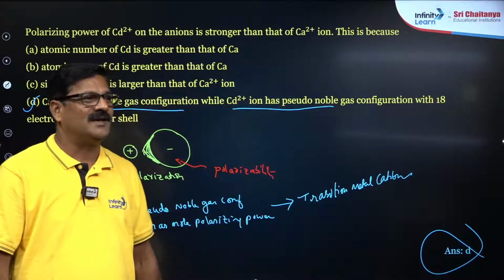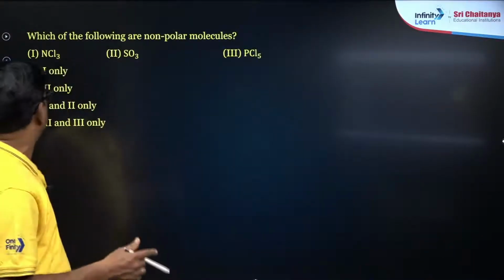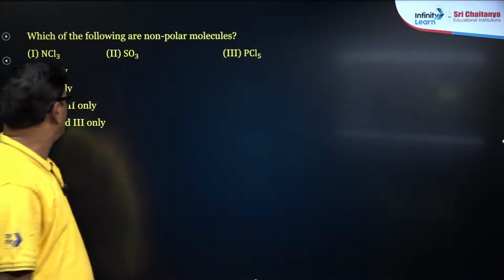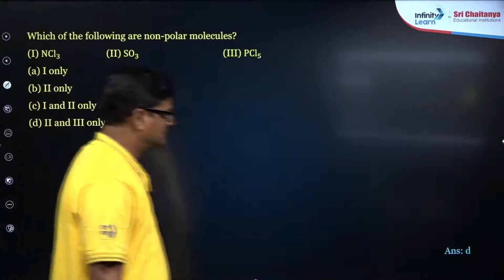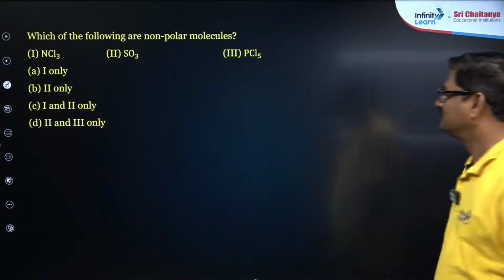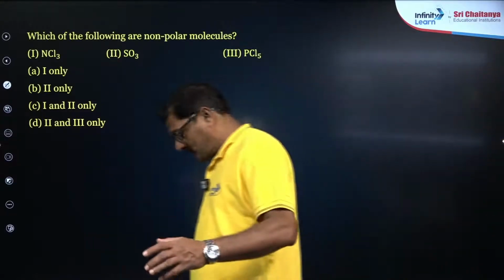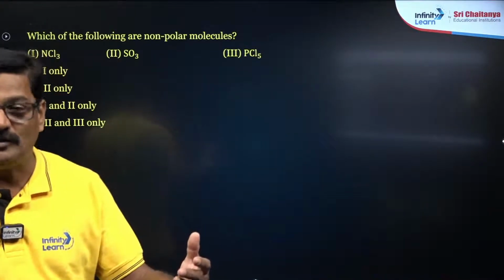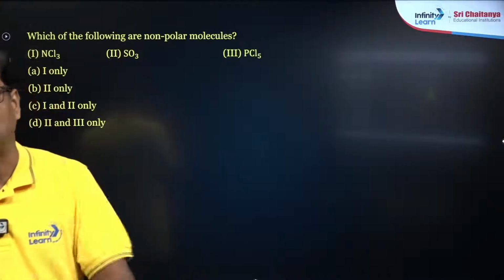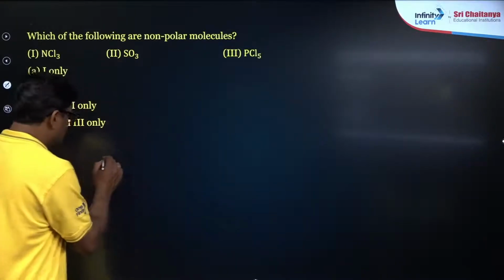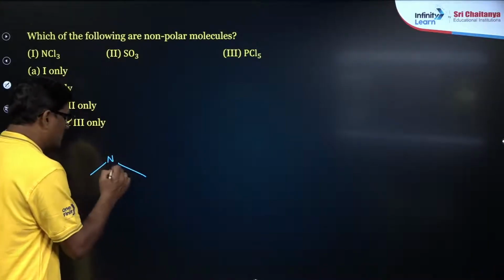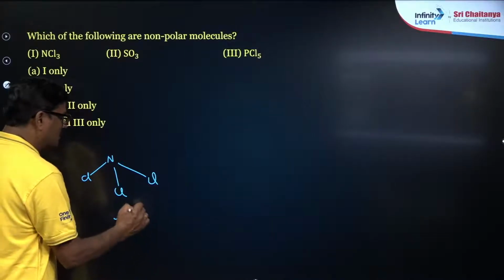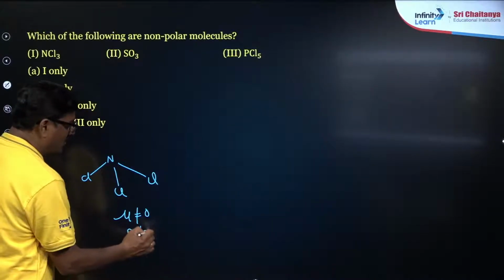And one more question, it's for you and I am going to present. Which of the following is a non-polar molecule? Wherever you have a symmetrical structure, it is a non-polar molecule, and an asymmetric structure is a polar molecule. Take NCl3: it has a pyramidal shape, dipole moment is not equal to 0, so it is polar.